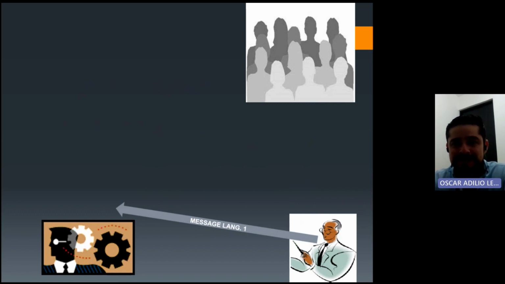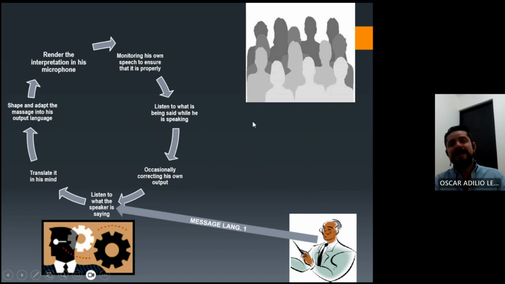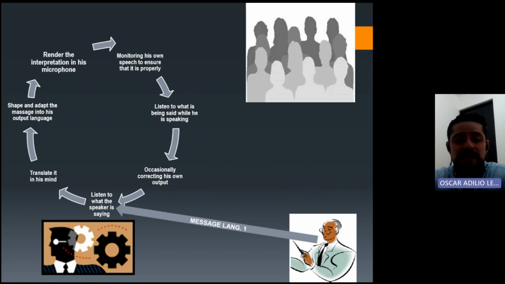And then this little guy executes his magic and he executes all this process. This is what happens. This is the process that an interpreter goes through when he is interpreting simultaneously. So we have the message. This little guy listens to what the speaker is saying. That's the first step, right? Then he starts translating in his mind.